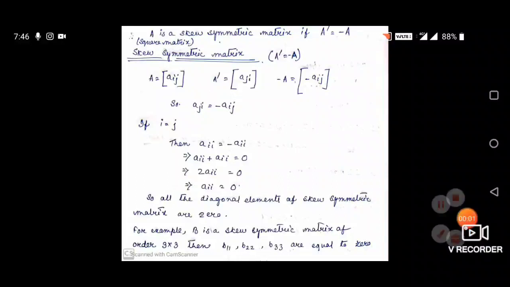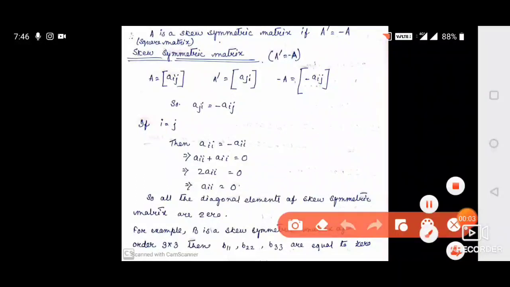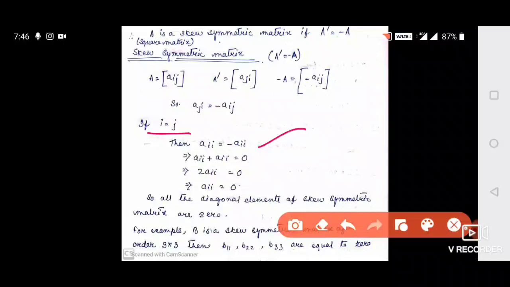Now if i is equal to j, then if we put i in place of j, from here we will get Aii is equal to 0. Aii means the diagonal elements. i equal to j means if we are talking about the first row, then we have to talk about the first column.